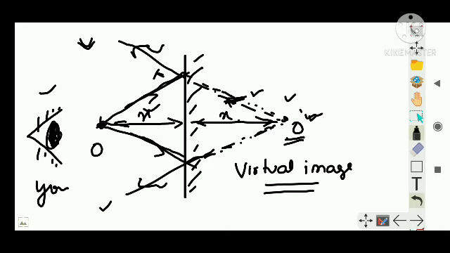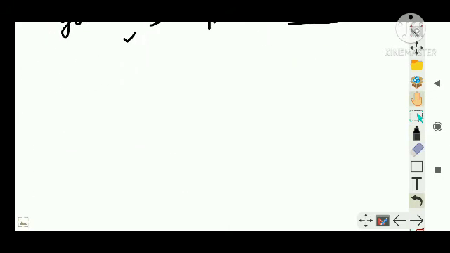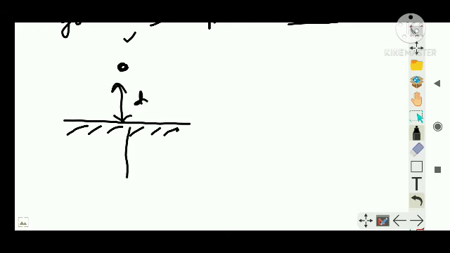If I draw a mirror like this and a point source like this at a distance d, then at the distance d inside the mirror you see its image. Both will have the same size.